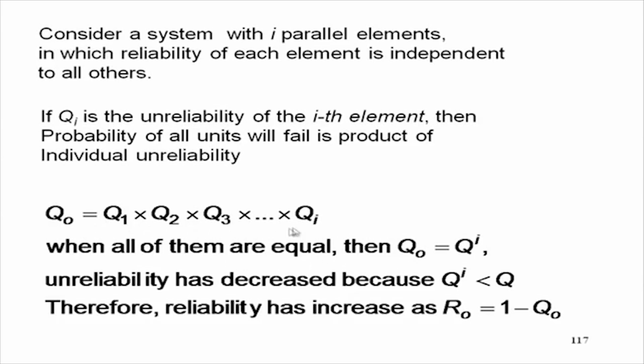When all of them are equal, Q0 is Q to the power I, and unreliability has decreased because, since R is less than 1, Q is also less than 1, so Q to the power I is less than Q. Therefore, the overall reliability R0 is equal to 1 minus Q0.